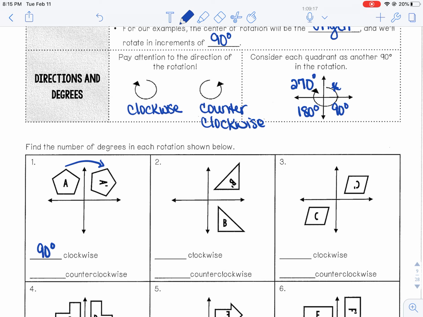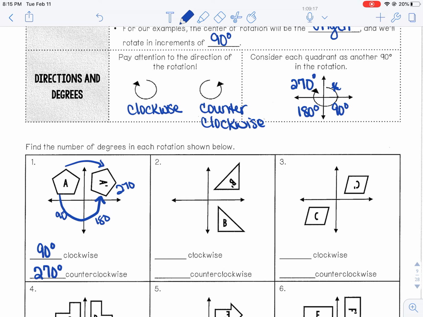Now, what would happen if I started at our pre-image and went this direction instead? Well, that's 90 degrees here, plus another 90 would be 180, plus another 90 would be 270. So if I were to go counterclockwise, that would be 270 degrees. Okay, so a 90 degree clockwise turn is the same as 270 degrees counterclockwise.